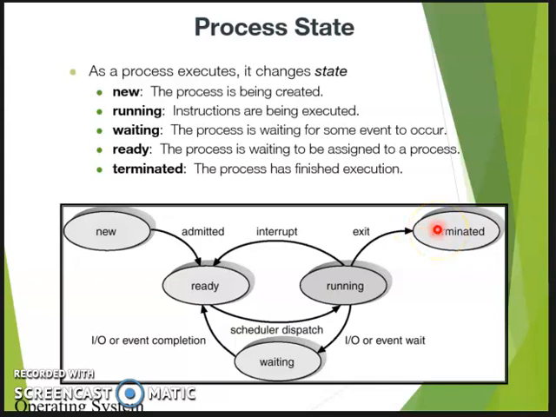Other than that, during the running process, sometimes an interrupt may occur. In such a case, it will complete its request, go back to the ready state, start running again, then complete and terminate. Otherwise, it may request I/O or some event may occur. Then it automatically enters the waiting state. After the waiting state, it can be sent again to the ready state for completing its execution.